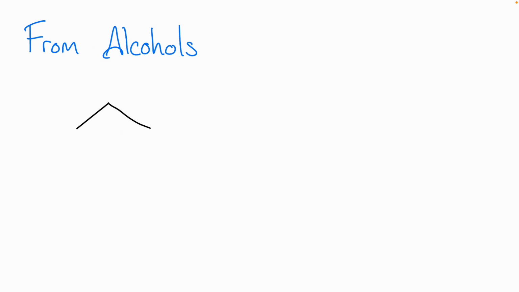All right, and how do we do that? So we have our alcohol. And what we did was we just used a strong acid in the presence of some halide ions, right?